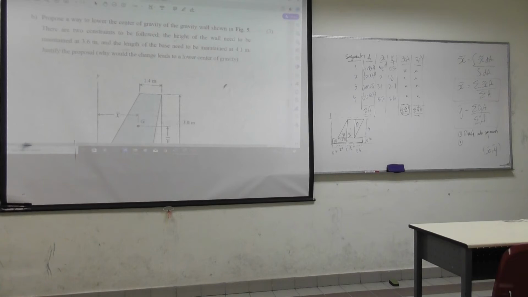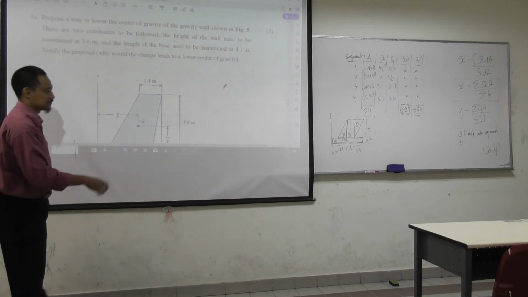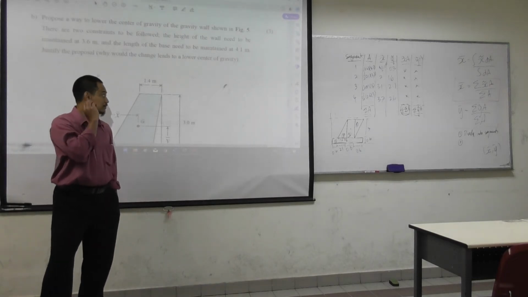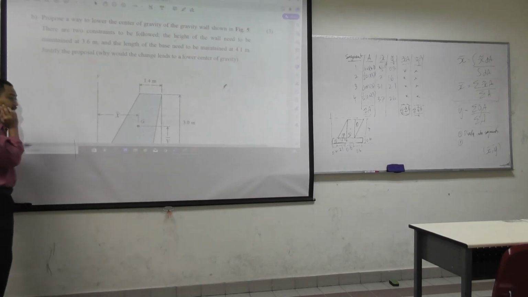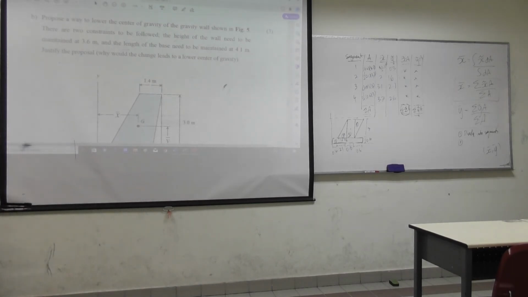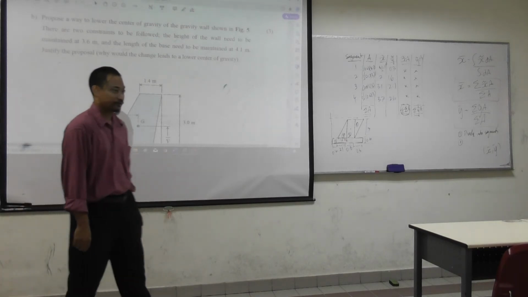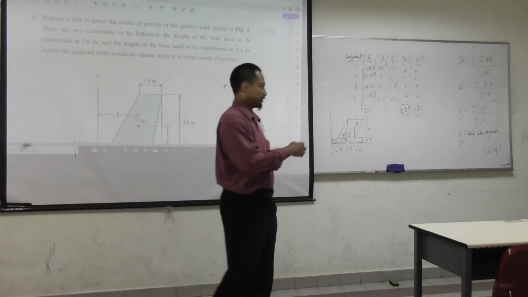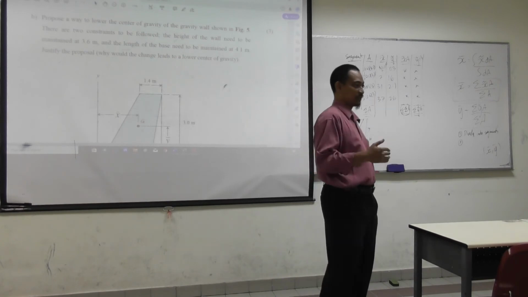This is just understanding question, 3 marks, right? You just give a subjective answer. Okay? How? Change. How? If you just say change, it can be higher or lower, right? So change.